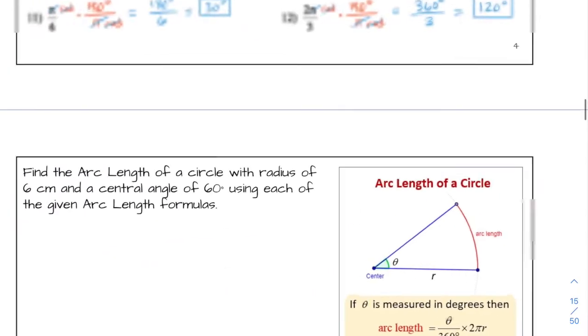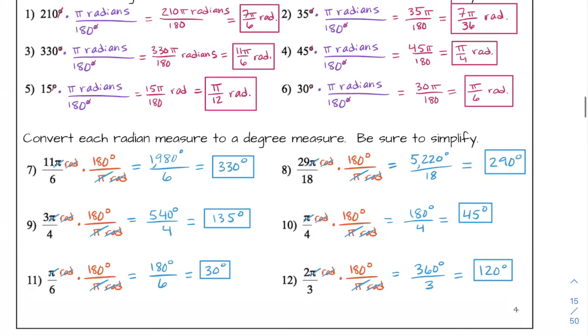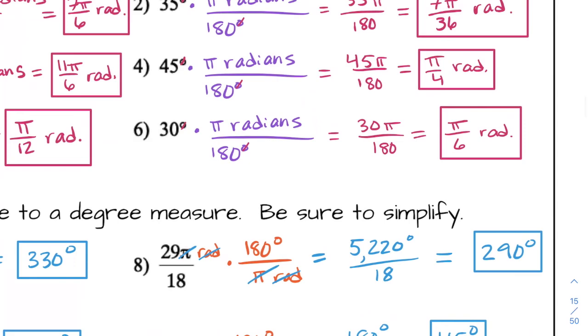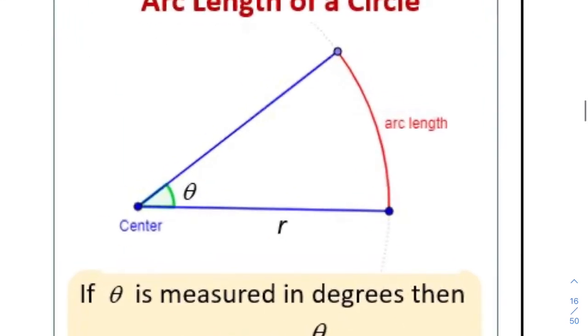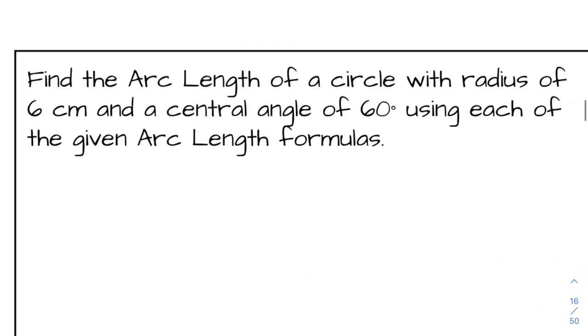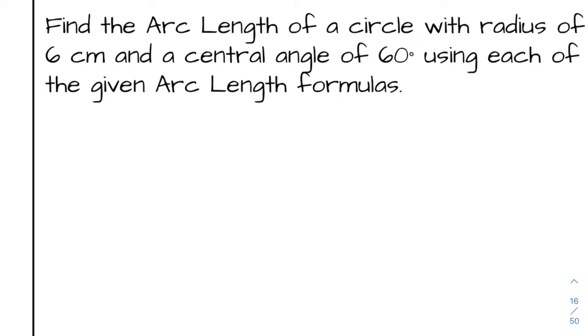So let's say we were doing 30 degrees. We know 30 degrees is pi over 6 radians, right? You know what? Let's keep it consistent with what we're doing here. So find the arc length of a circle with a radius of 6 centimeters.